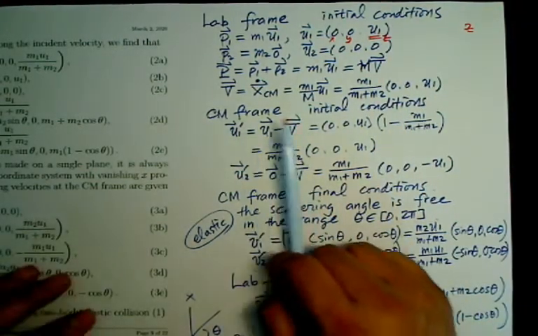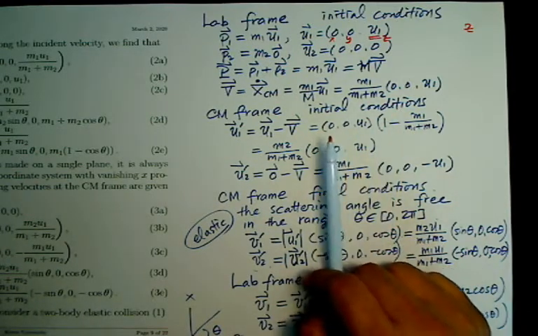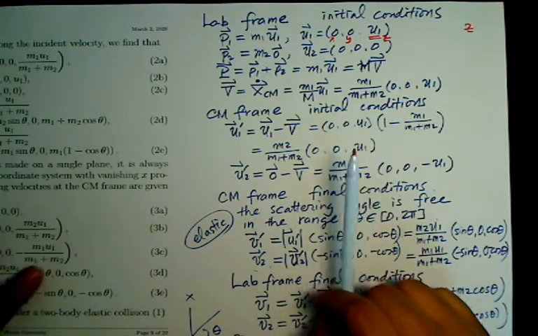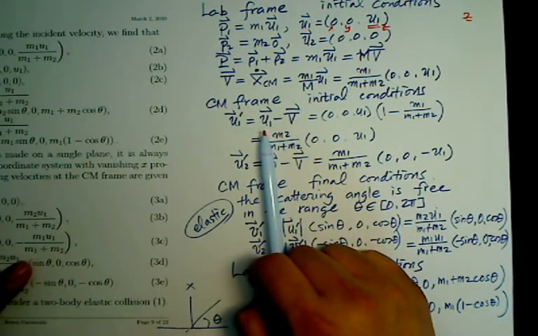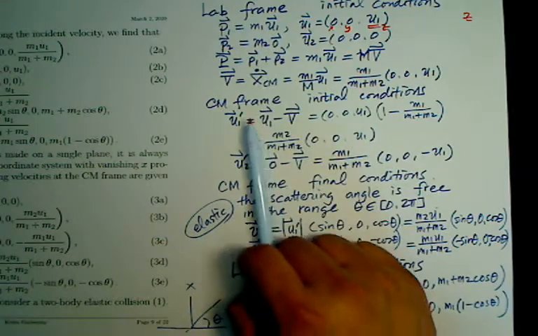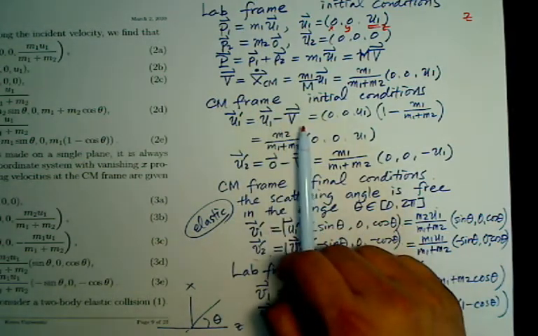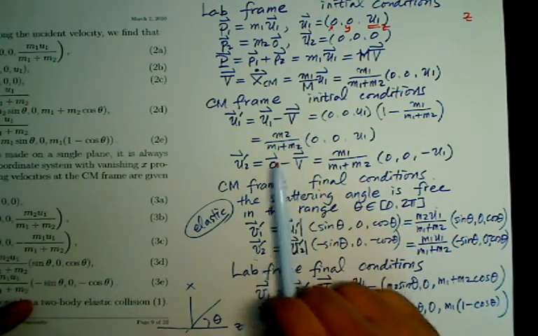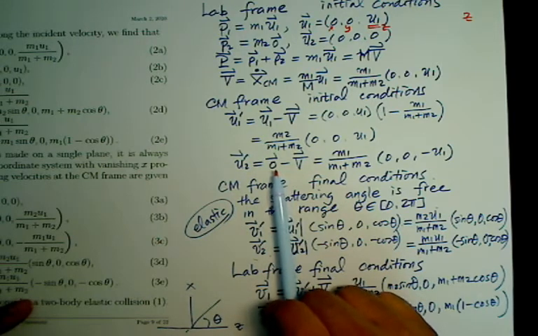If we return to the CM frame, this is a repetition, except that we are introducing a coordinate system. U1 prime, the CM frame value, can be obtained by subtracting the velocity of the center of mass from the left frame value. That is this. And U2 prime, it used to be at rest at the left frame.